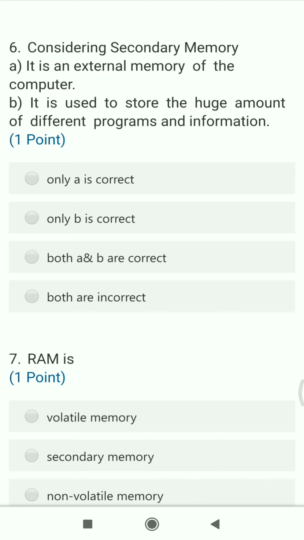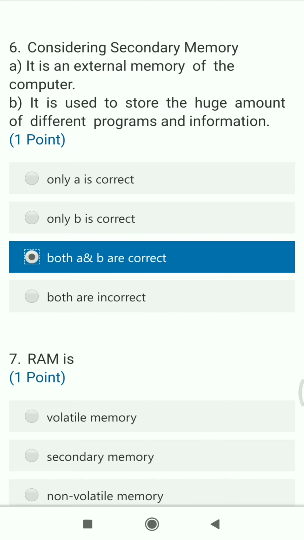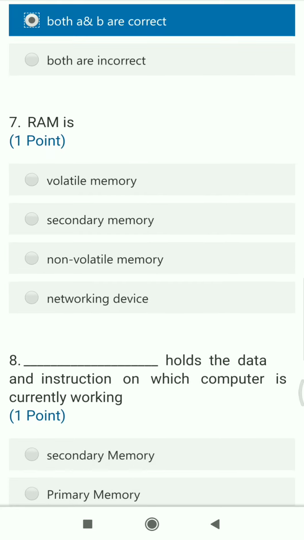So secondary memory is used to store a large amount of data. Both A and B are correct, so option C is the right answer.